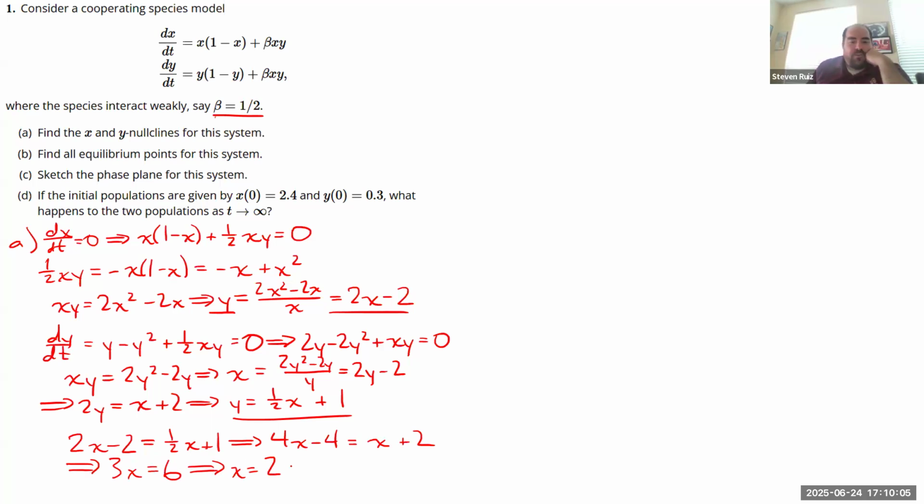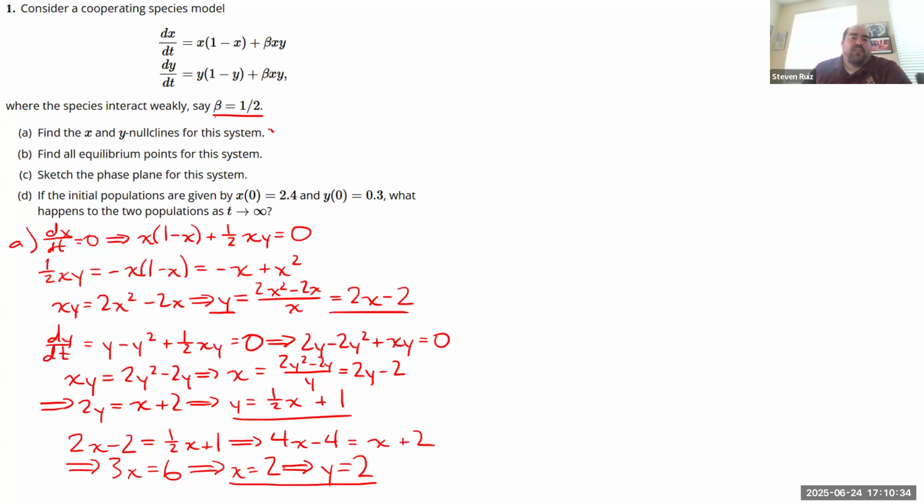If x equals 2, then what does y equal? It doesn't matter which one of these I plug this back into, but let's do both just to make sure it agrees. y equals 2x minus 2. So 2 times 2 is 4, minus 2 is 2. y equals 1/2 x plus 1. So 1/2 of 2 is 1, plus 1 is 2. So there's my equilibrium condition: x equals 2, y equals 2.